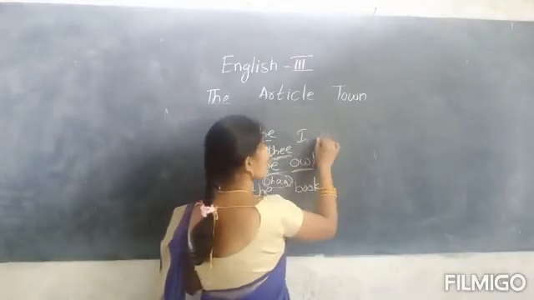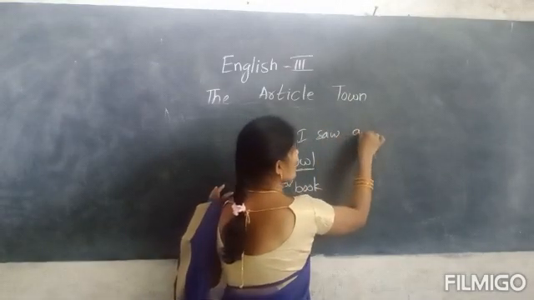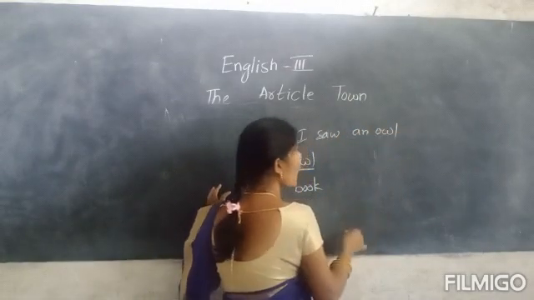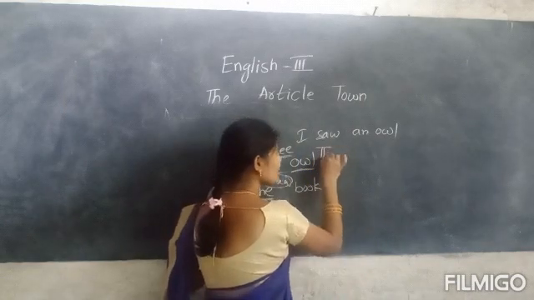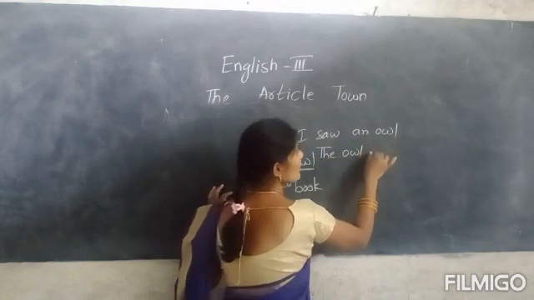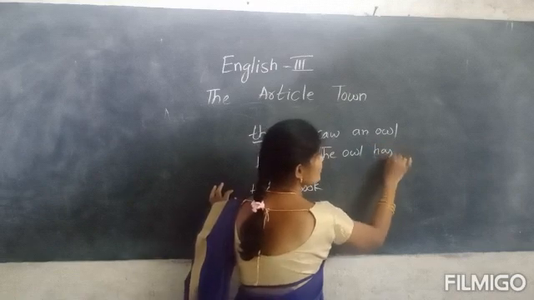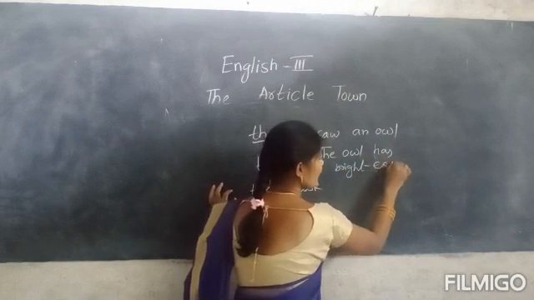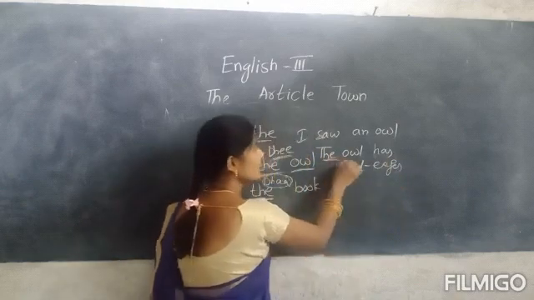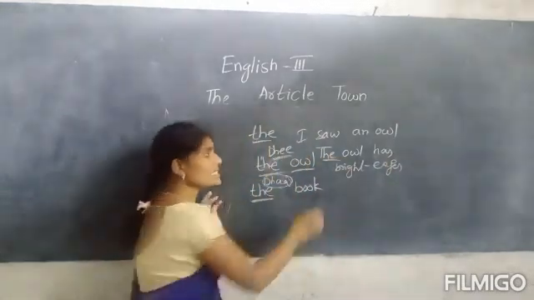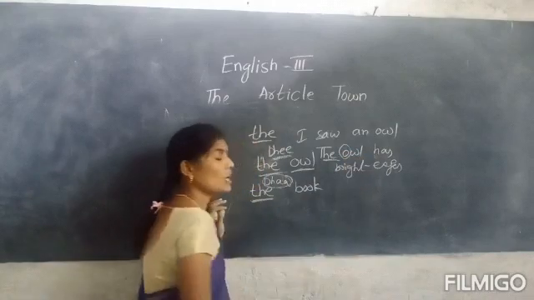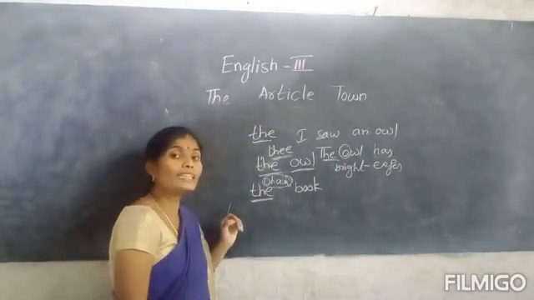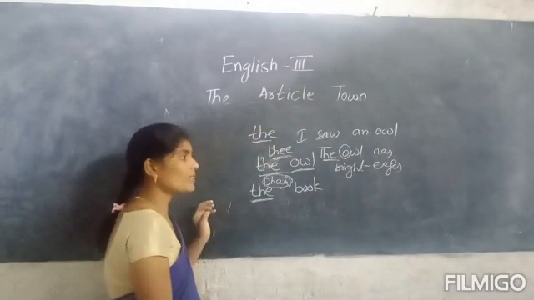I saw an owl. The owl has bright eyes. Here, how should we pronounce it? Thee, because this is a vowel sound. Before a vowel sound we pronounce thee.